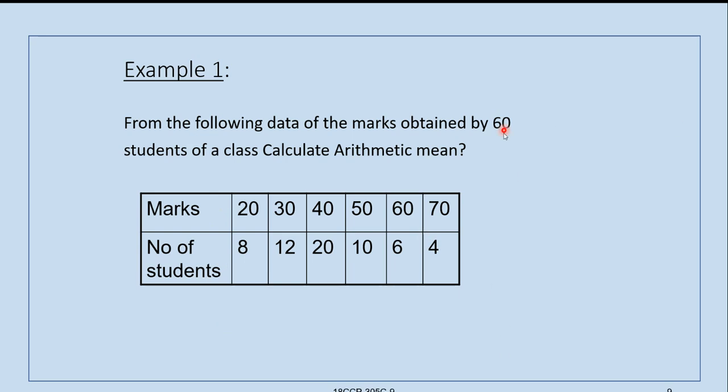So we will take this table, and the first column is marks and the second column is number of students. First column we will indicate by X symbolically and f for the second column. Now in the third column we will take the product of first and second columns. That we will see in the solution.